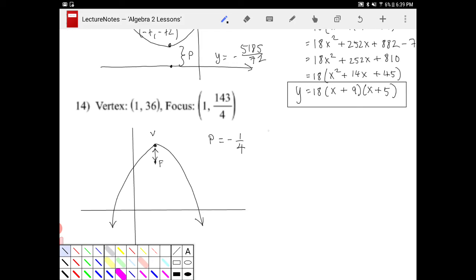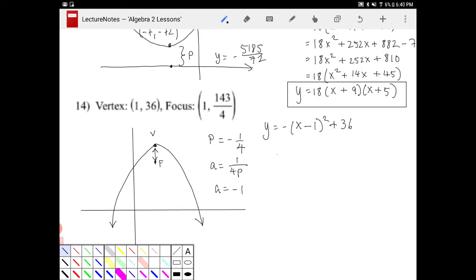So if I know p is equal to negative 1/4, that means a is equal to 1 over 4p, which means a is equal to negative 1, because 1 over 4 times negative 1/4. And since I know the vertex already, I can rewrite this as y is equal to negative x minus 1 squared plus 36.